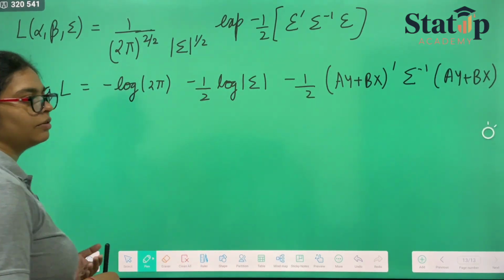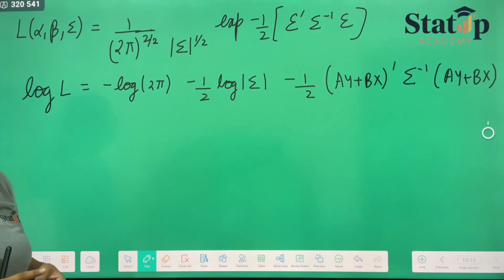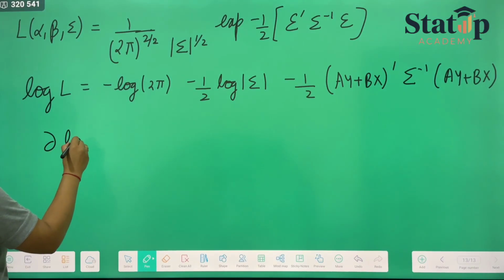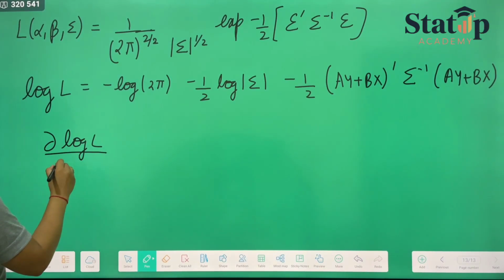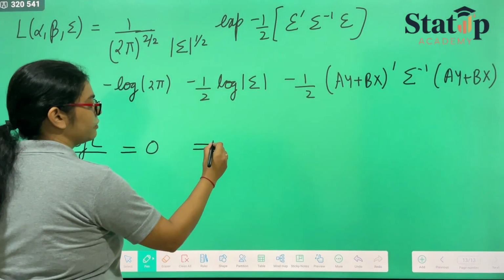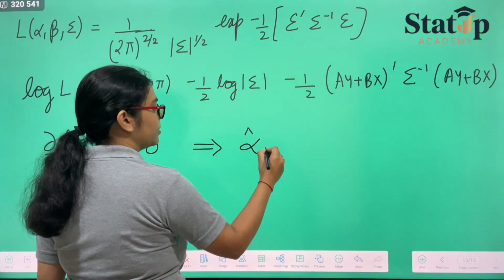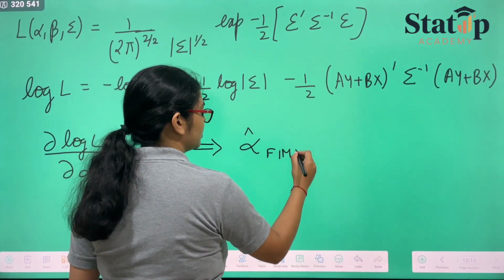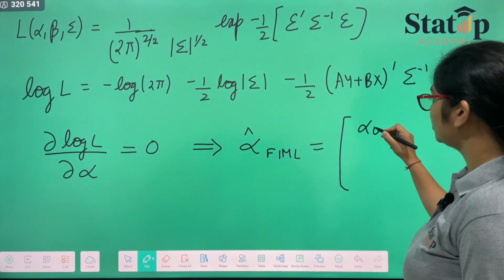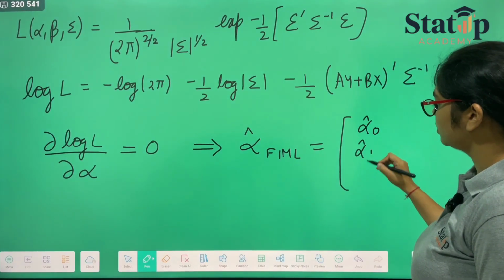Now we have to solve it for three things. One is alpha, one is beta, and the third one is sigma. So firstly we will differentiate this log L with respect to alpha and put it equal to 0. Then we will get alpha cap FIML, which is nothing but alpha naught, alpha 1, alpha 2.